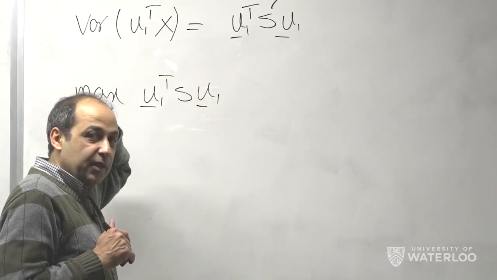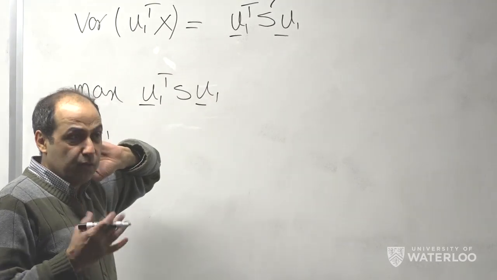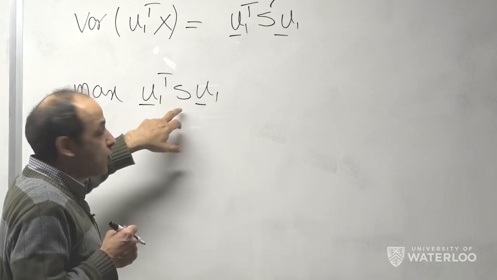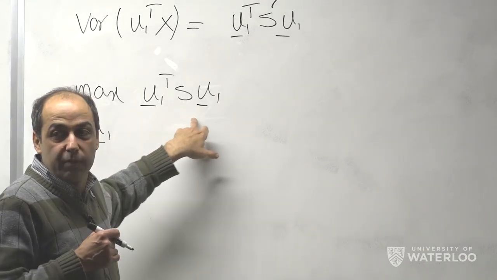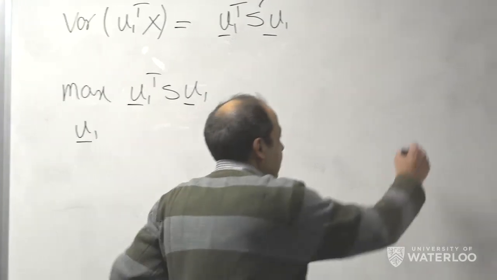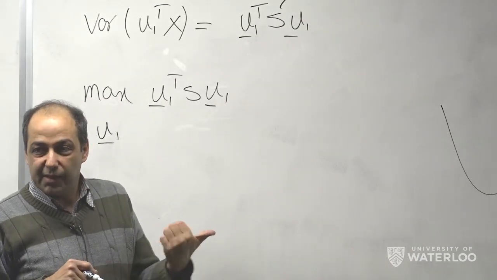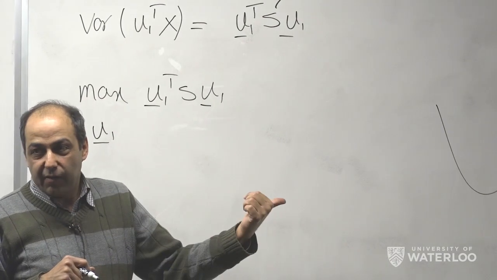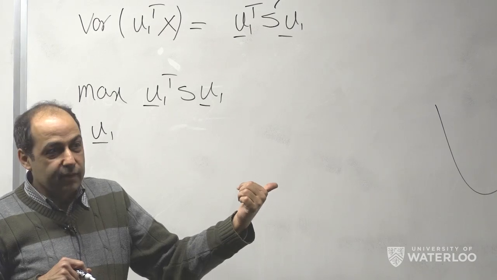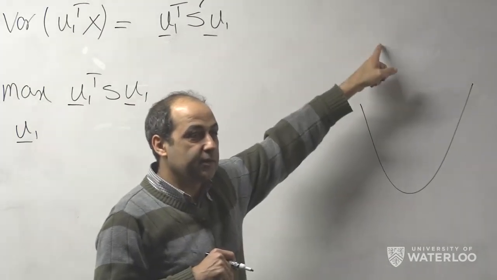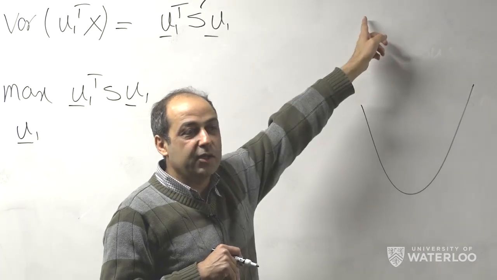But first, you need to make sure that the problem has a solution. This is a quadratic form. It has a minimum, but it doesn't have a max. It's unbounded. It can be as large as you like.